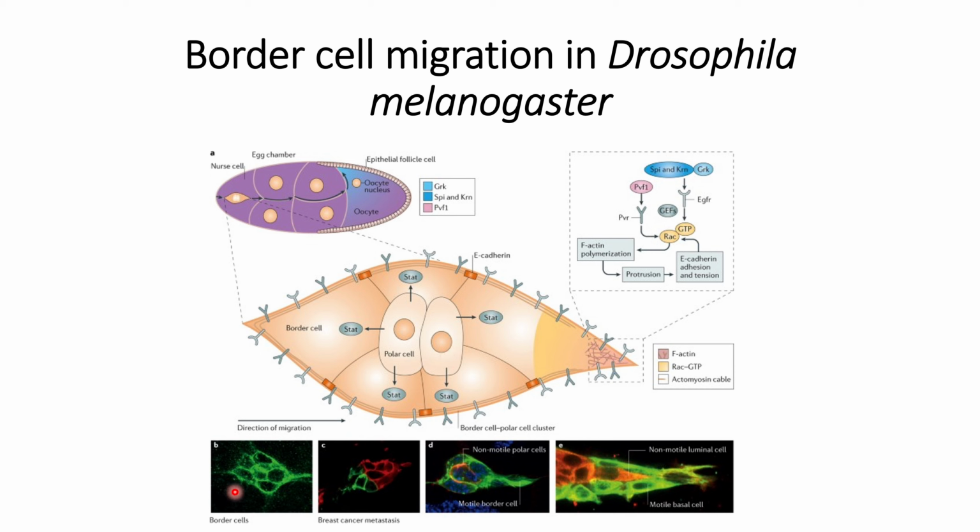That is shown here: the border cells are stained with the help of FITC. And after that, when they look at these motile cells and non-motile cells, they can clearly differentiate them.